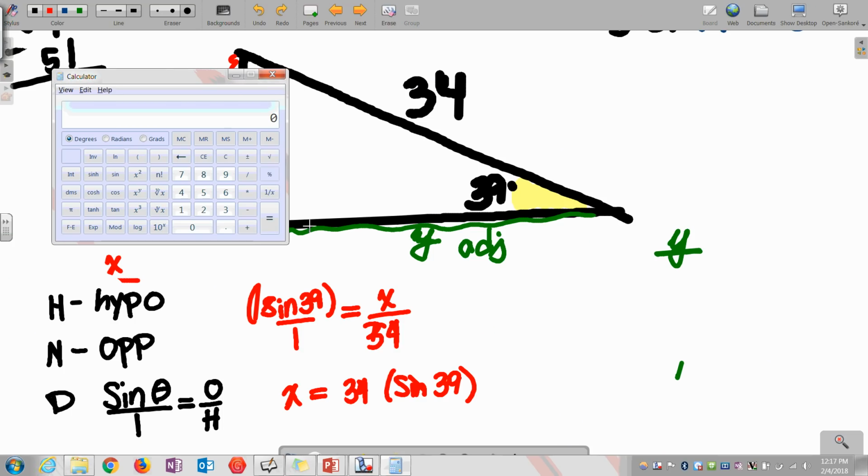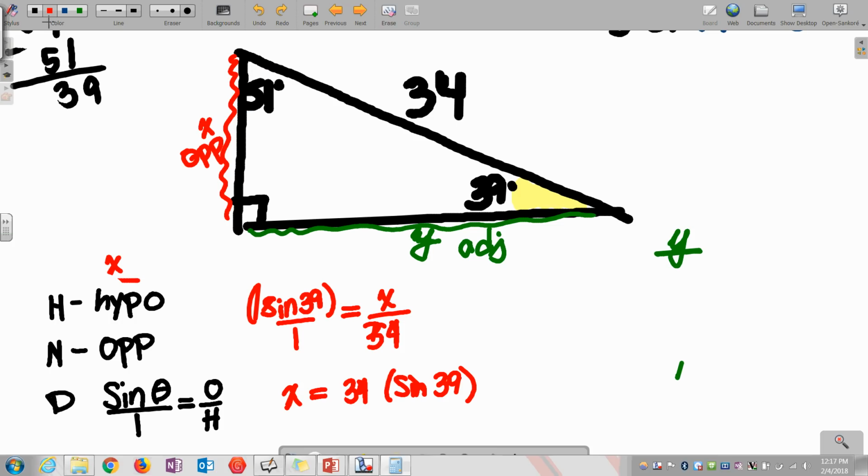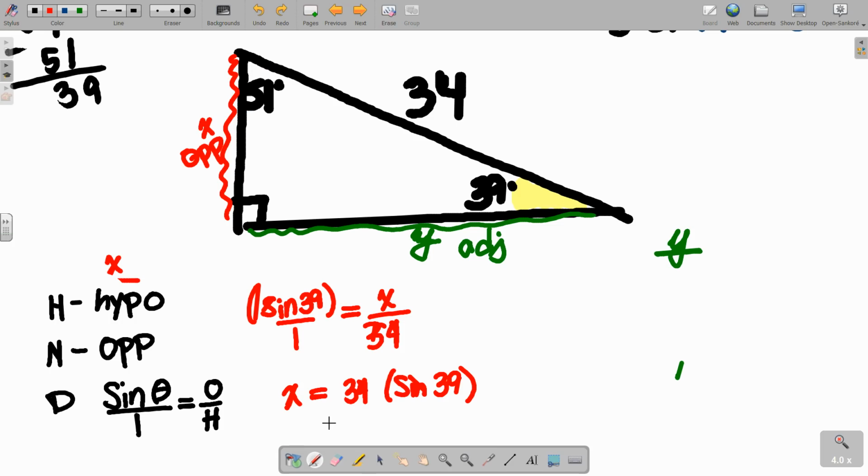Make sure you match mine. 39 sine times 34. We're going to take that to the second decimal place, 21.396, because that 39 rounds up. We're just going to call it 21.4.